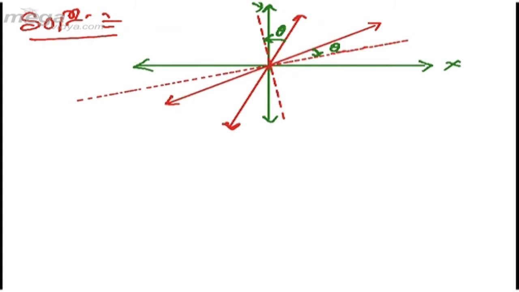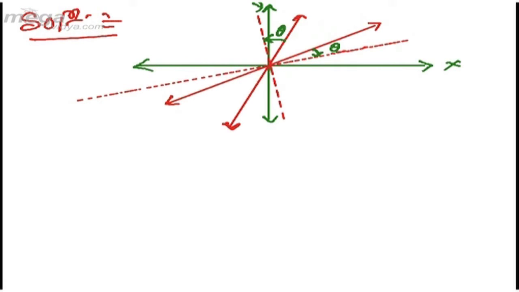So now I am solving the question. Student, I am drawing a figure here. Now student, you can see in this figure, this is the pair of straight lines. Now this line is moving in clockwise direction and this line is moving in anti-clockwise direction.